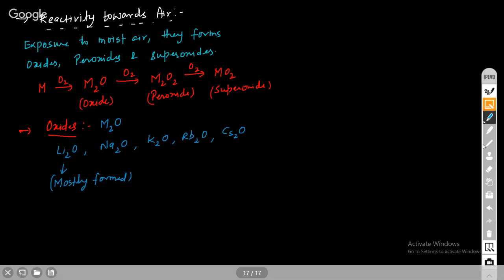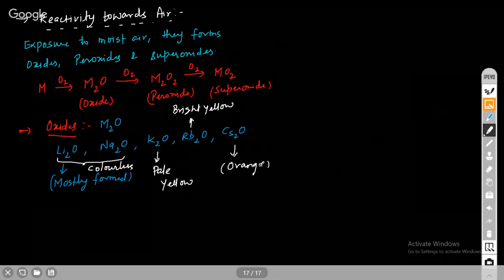Okay, and the next point you have to remember is that these two are colorless. Like I said, these are facts, so you have to memorize them. The color of this one is yellow, or specifically pale yellow. Rb2O is bright yellow, and Cs2O is orange.